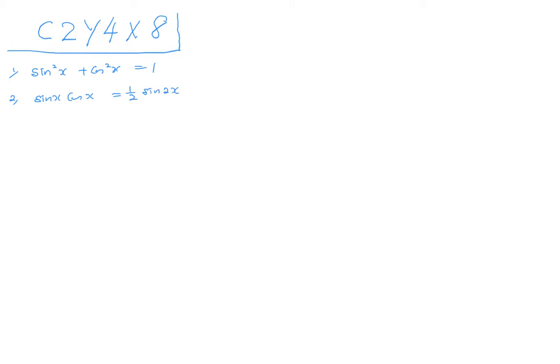Then the third one is cos square x minus sin square x, I can write as cos 2x, okay? So these are the formulas that help us to simplify.